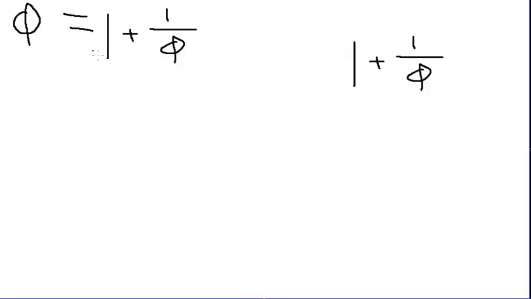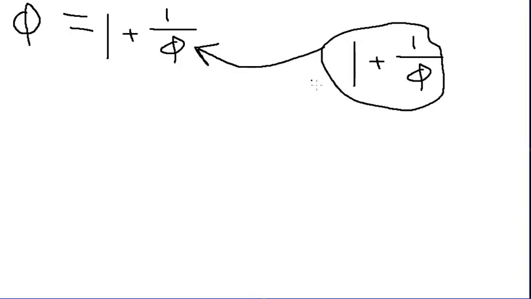Phi is equal to this. So when we see this phi down here, I'm going to replace it with this, because this is what phi is equal to. This equation right here, phi is equal to 1 plus 1 over phi. So when I see this phi down here, I'm going to replace it with 1 plus 1 over phi.